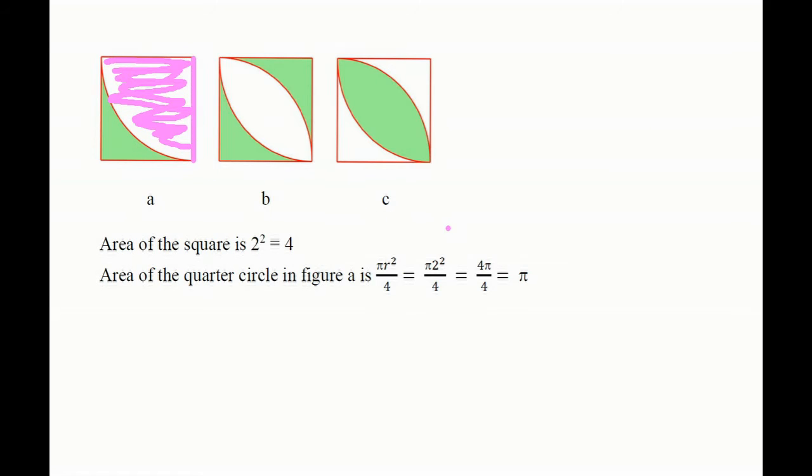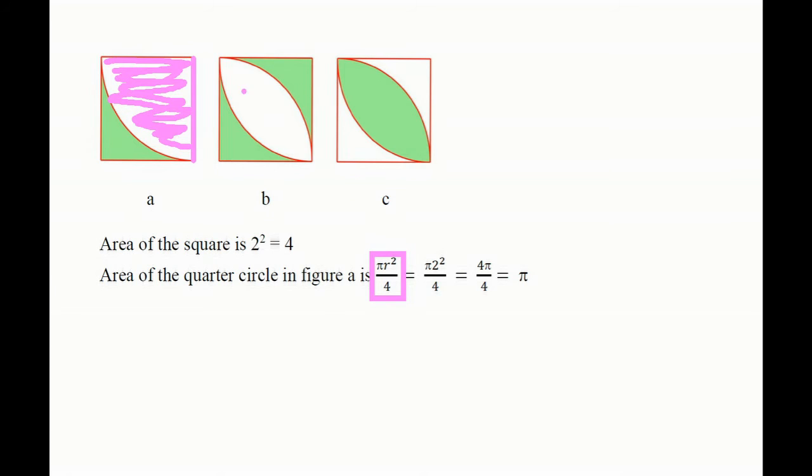We know the area of a circle is given by the formula pi r squared, where r is the radius of the circle. But since I don't need the whole circle, I divided the area of a circle formula by 4. Why by 4? Because I only need a quarter of it.